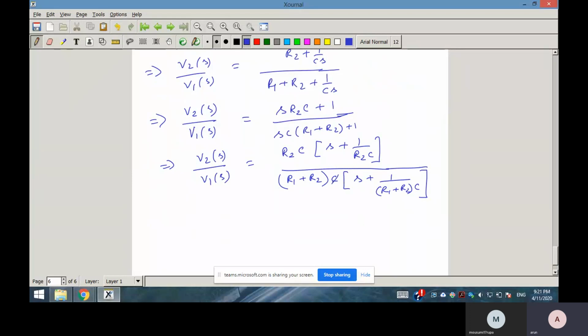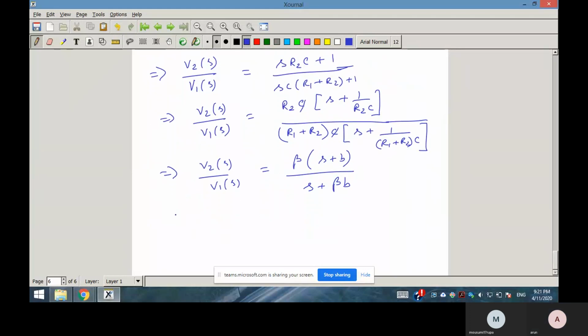So C will get cancelled. If I want to represent V2S by V1S in terms of the lag controller transfer function, beta into S plus B divided by S plus beta B, then what is beta?